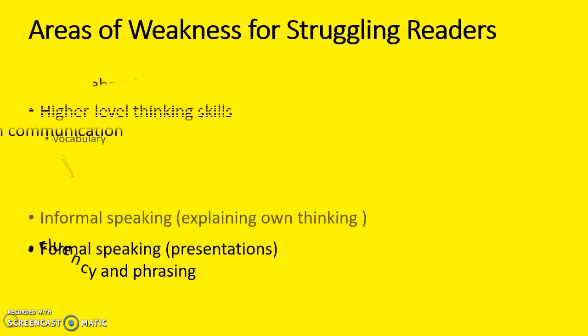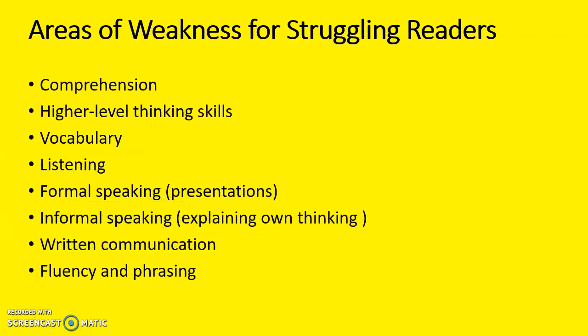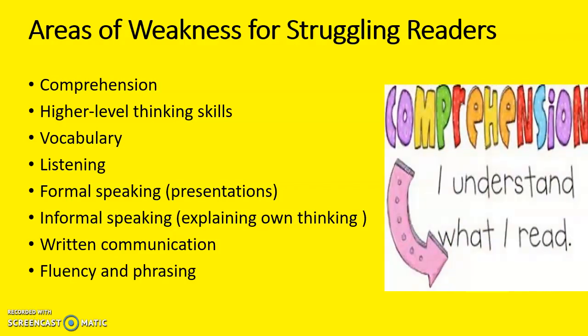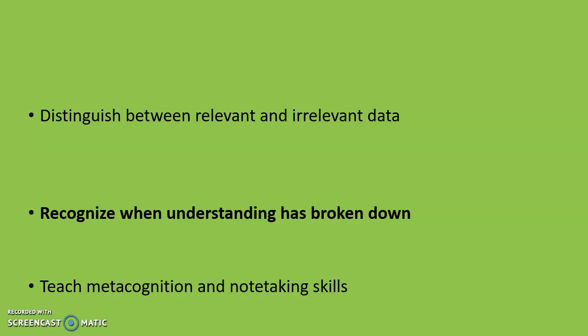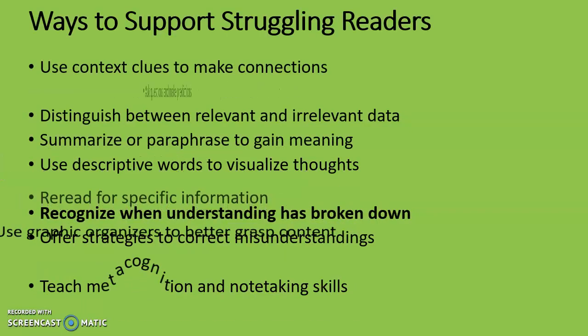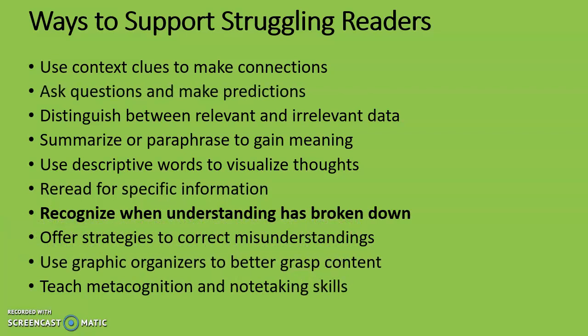So let's look at the areas of weakness for struggling learners. We're looking at comprehension, higher level thinking skills, vocabulary, listening, formal speaking, informal speaking, written communication, fluency, and phrasing. So how can we really get to the point where the student says, I understand what I read? How powerful is that? Ways to support struggling readers: we can look at context clues to make connections, ask questions, and distinguish between relevant and irrelevant data.